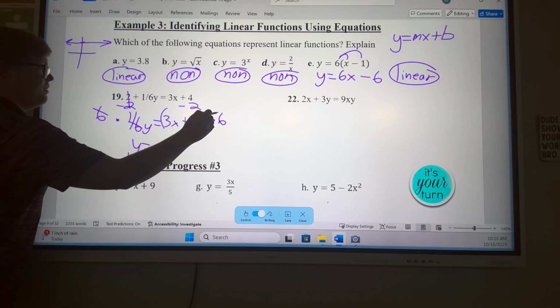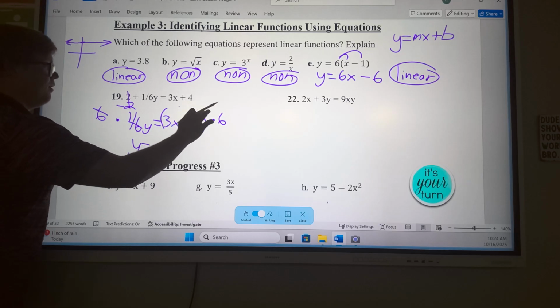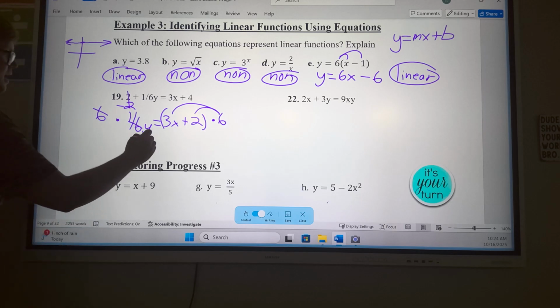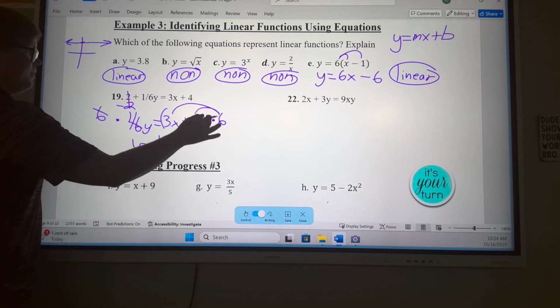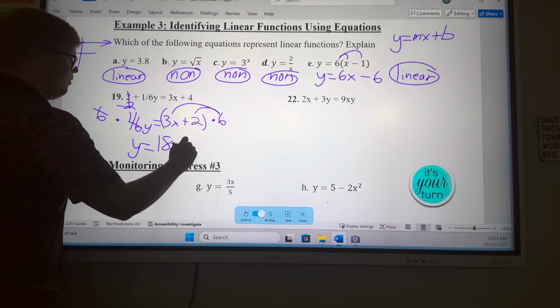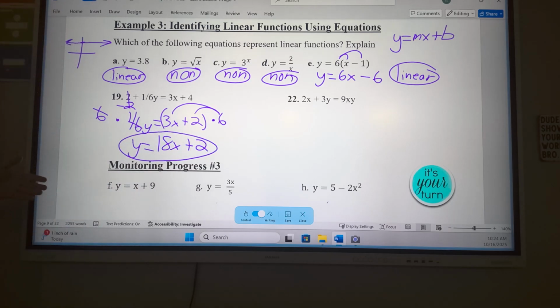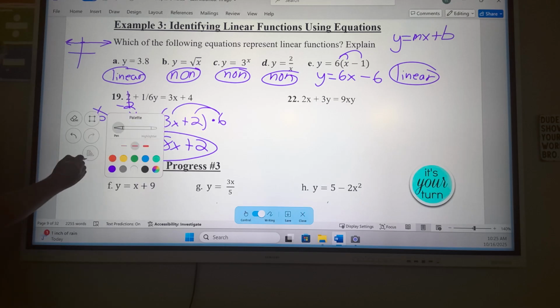Let's distribute the 6. 6 times 3x, that's 18x. 6 times 2, that's 12. We have y equals 18x plus 12. Looks a whole lot like y equals mx plus b, right? So, number 19 is linear.